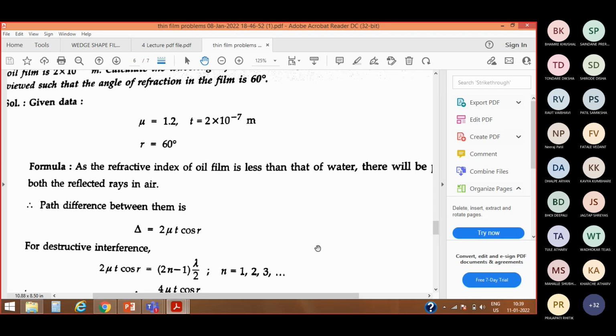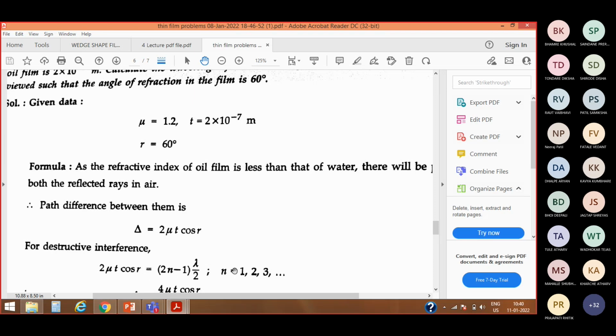Yes sir. Okay, now take that r in this equation. Put the value of r as cos of r and solve करो.